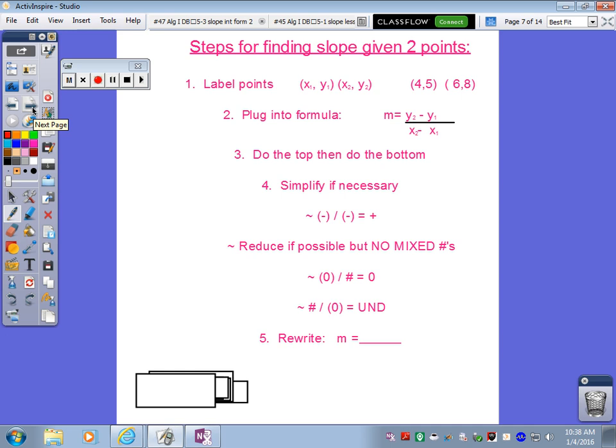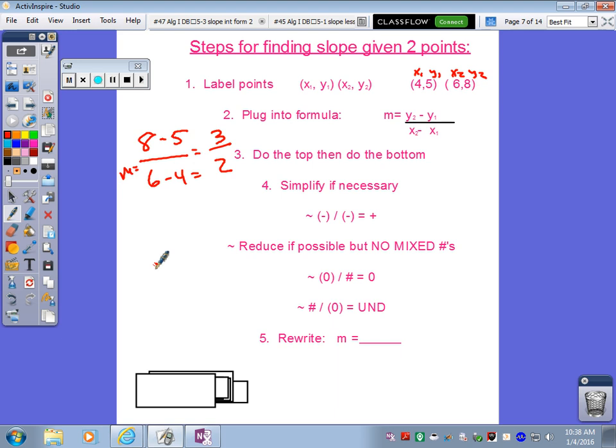So in this case, if I were given 4 and 5, it would be x1, y1, x2, y2. So 4, 5, 6, and 8. So now we're going to do 8 minus 5 over 6 minus 4. That's going to be 3 over 2, and that's what my slope is equal to.